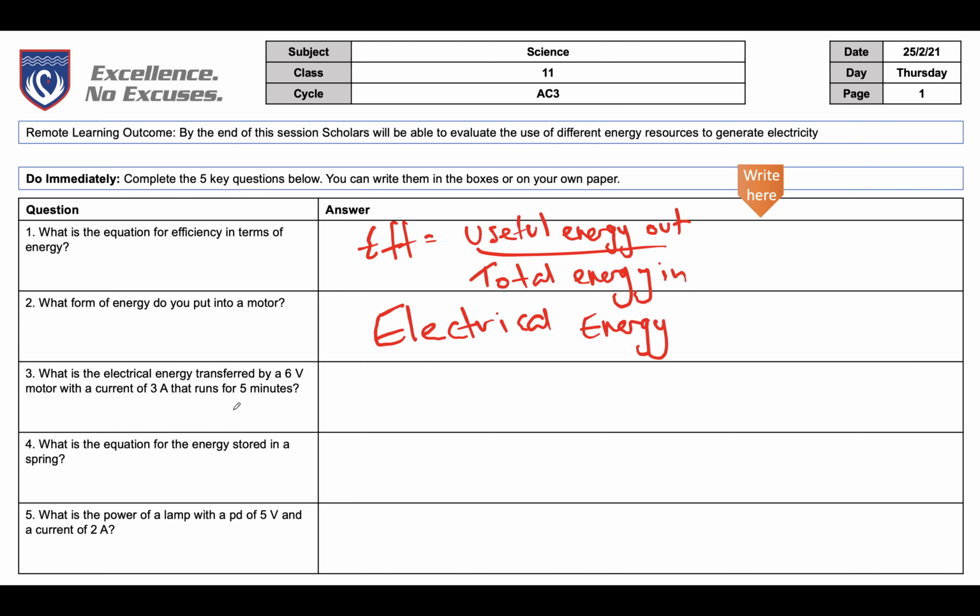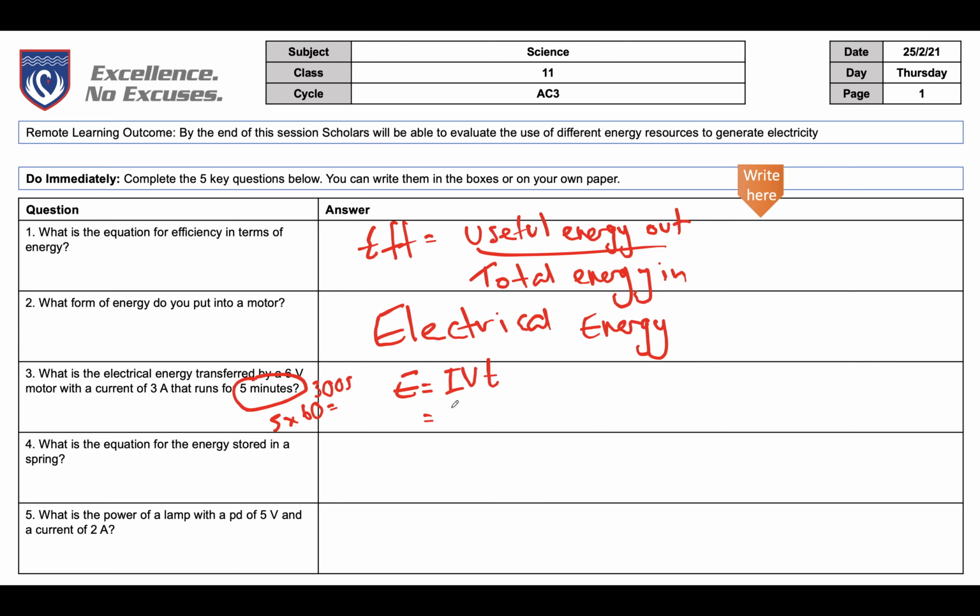What is the electrical energy transferred by a 6-volt motor with a current of 3 amps that runs for 5 minutes? So this is where they're trying to catch us out here. That's 5 minutes, not 5 seconds. So I need to convert that to seconds by timesing it by 60. So that is 300 seconds. We'll use E equals IVT, just like we did yesterday.